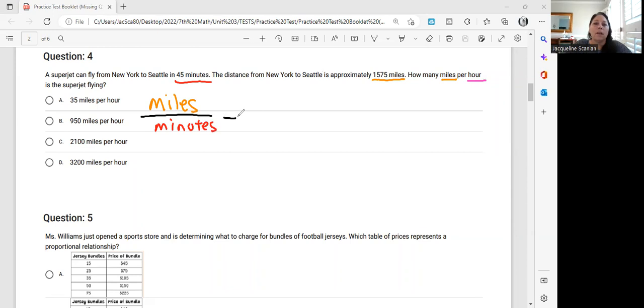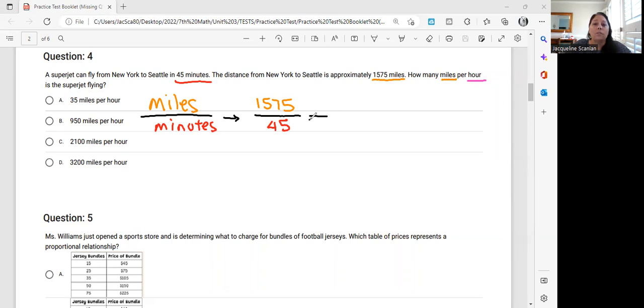All right, and so I'm going to write that fraction using the numbers now. So it went 1,575 miles, and it took it 45 minutes. And I'm trying to figure out how many miles that is in an hour.